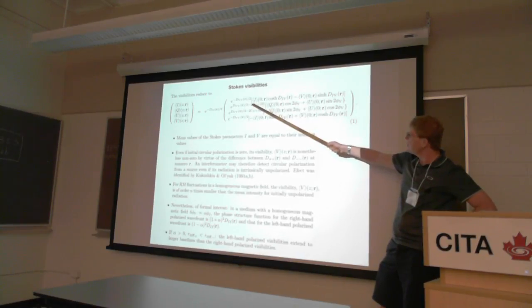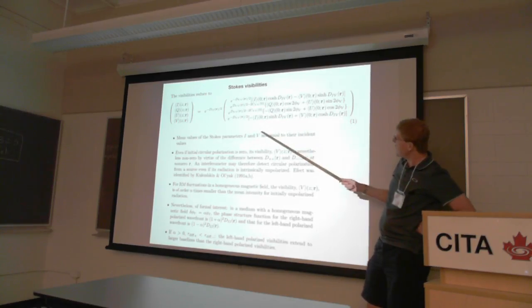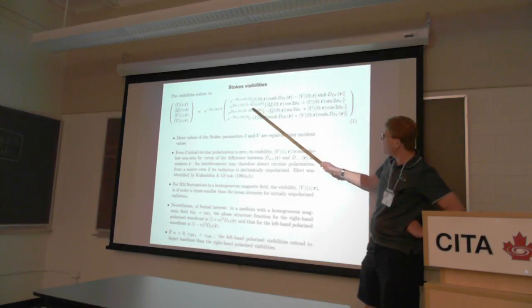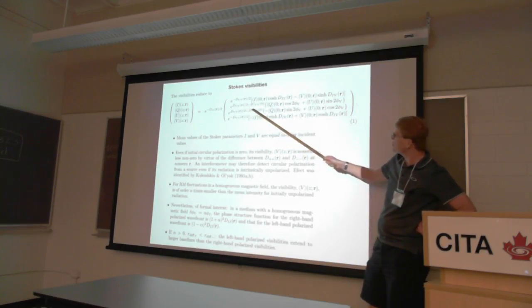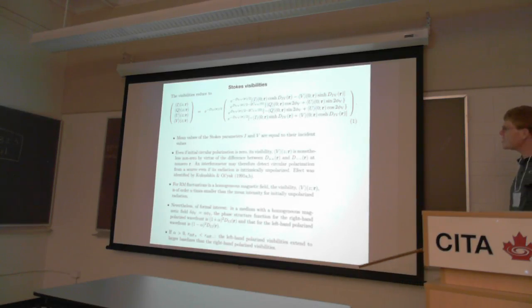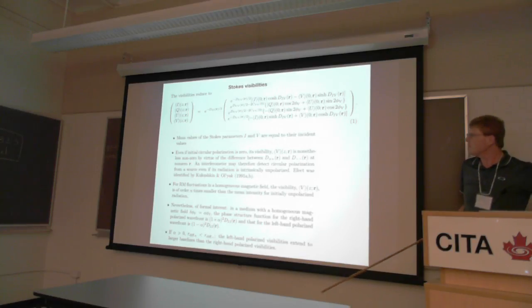What's that? That's the variance in the Faraday phase. So it's saying that I depolarize Q and U by an amount exponential in that Faraday phase. And that's just Faraday depolarization, which we also know and love.